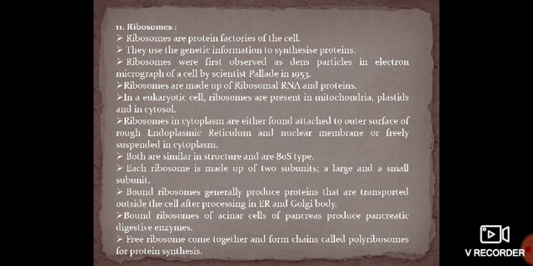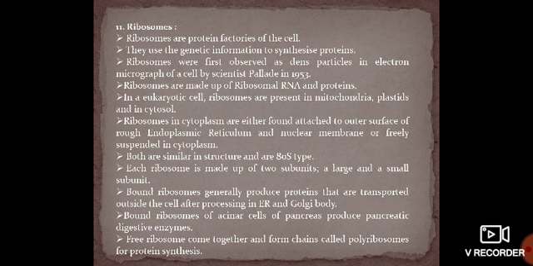Ribosomes are made up of ribosomal RNA and protein. In eukaryotic cells, ribosomes are also present in mitochondria, plastids, as well as in cytosol. Cytosol is nothing but the matrix which is present in the organelles.